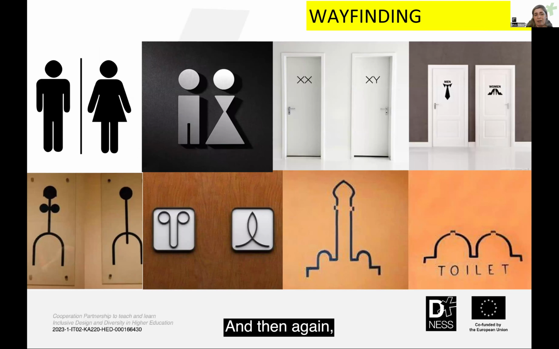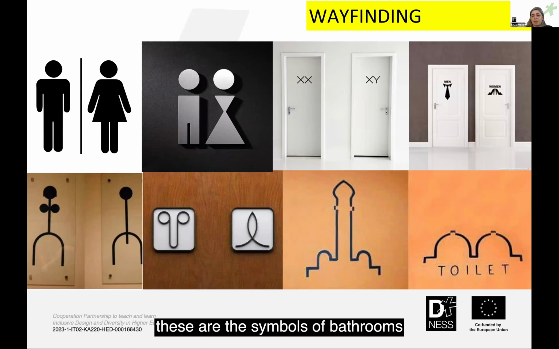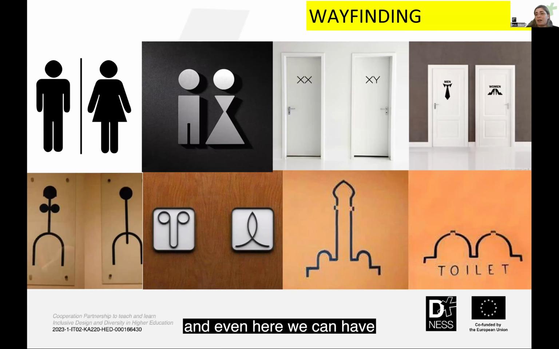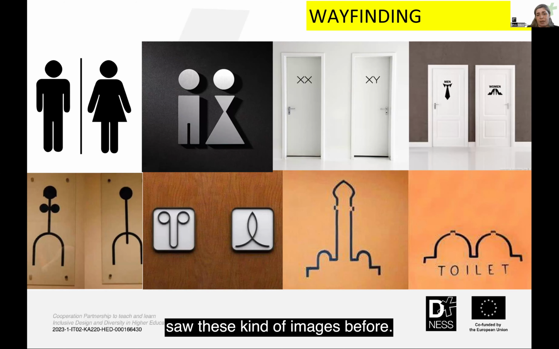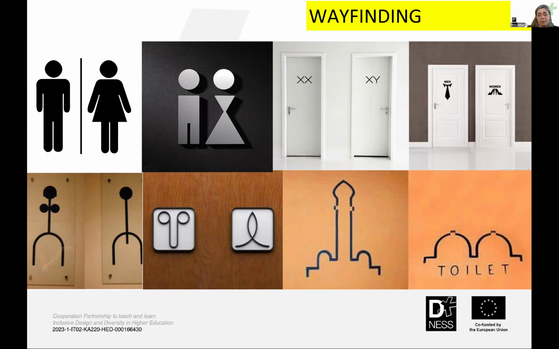And then again, these are symbols of bathrooms. And even here we can have a huge amount of variations, but you are still able to understand the meaning, even if you never saw this kind of images before.